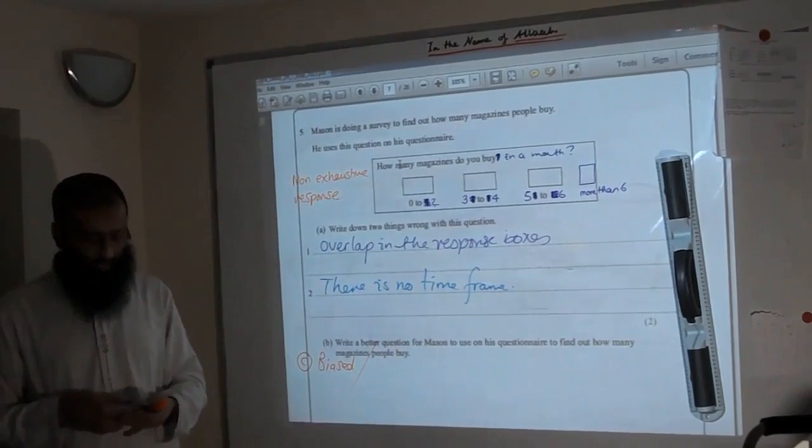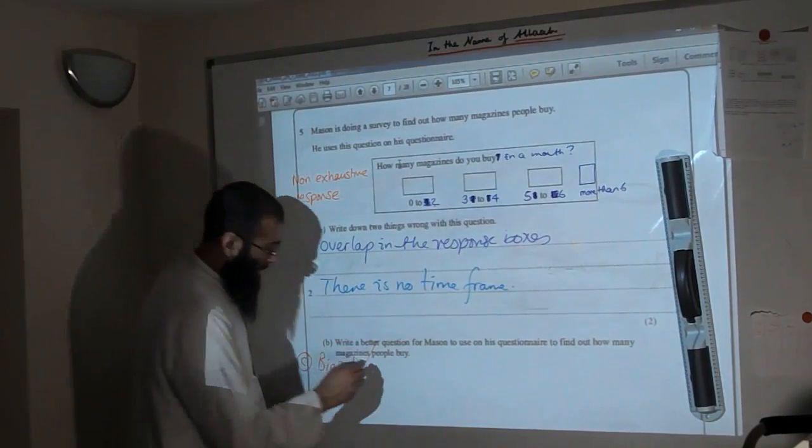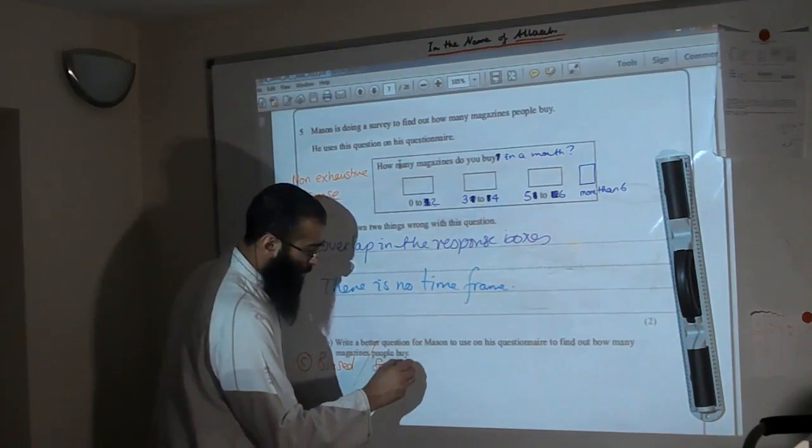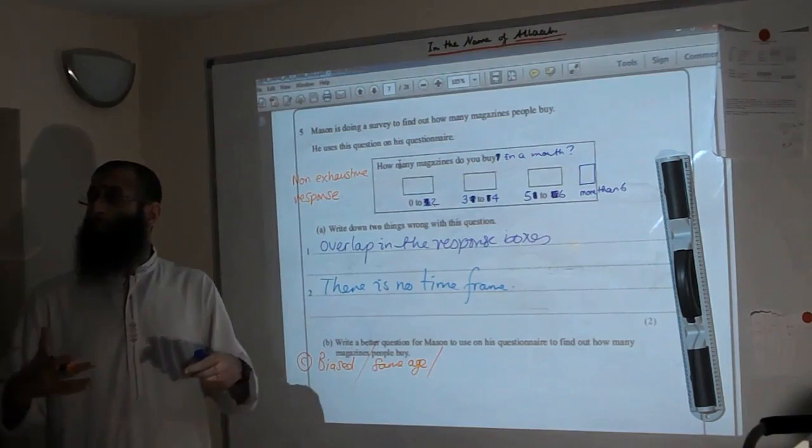So biased. Another thing is, these friends are going to be all of the same age. And possibly they have the same gender.